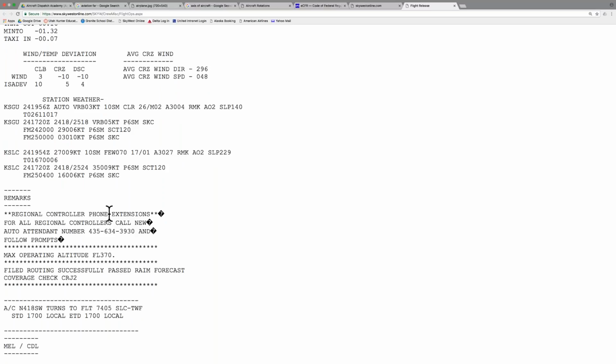Your job as a dispatcher, one of the biggest things, like I said, is going to be the ceiling, and knowing whether or not the ceiling and the visibility, those are going to determine whether you're legal to go. They're going to determine, do I need an alternate airport listed on the release? Things of that nature.